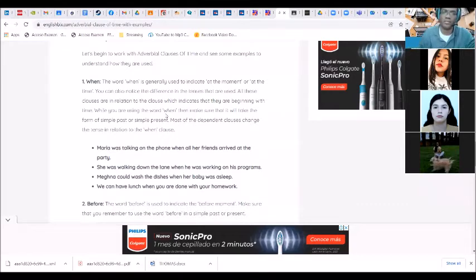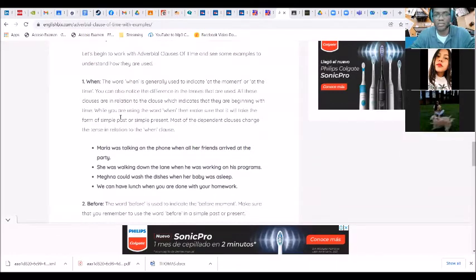When you are using the word when, then make sure that it will take the forms of simple past or simple present. Most of the dependent clauses change the tense in relation to the when clause.